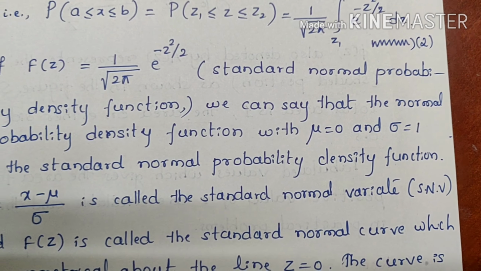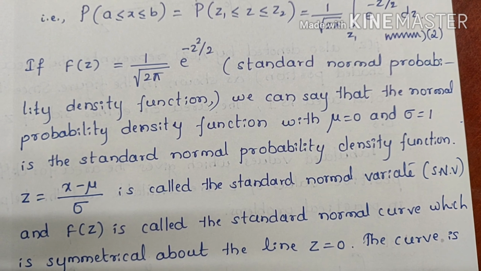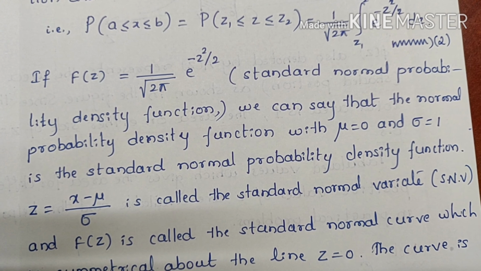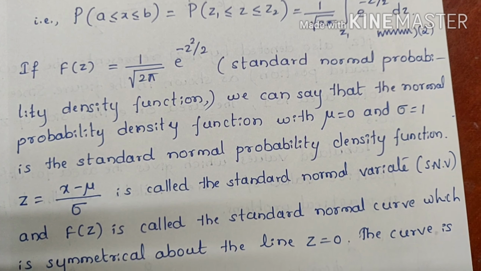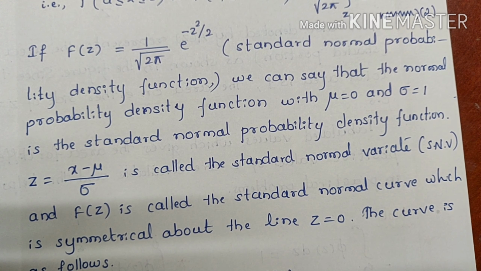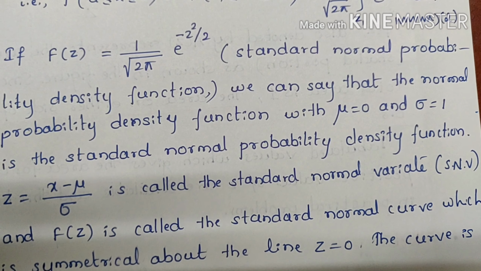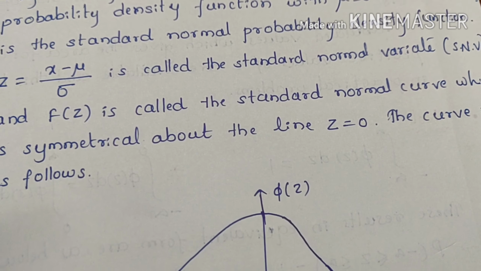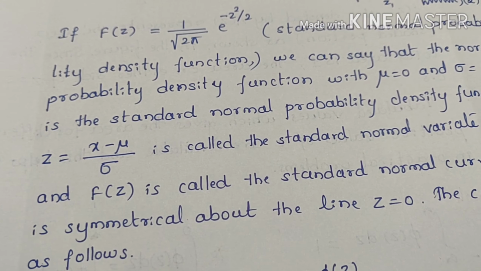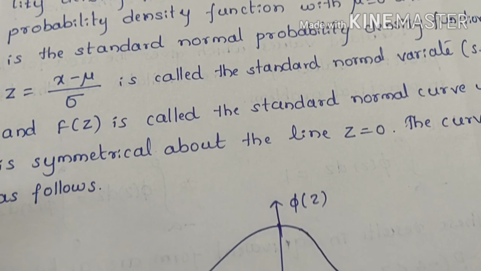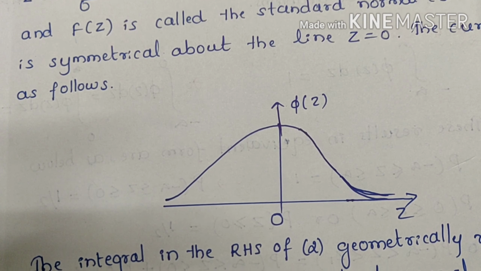We can say that the normal probability density function with mu 0 and sigma 1 is the standard normal probability density function, where z equal to (x minus mu) by sigma is called the standard normal variate, that is S.N.V., and F(z) is called the standard normal curve, which is symmetrical about the line z equal to 0. The curve is as follows.